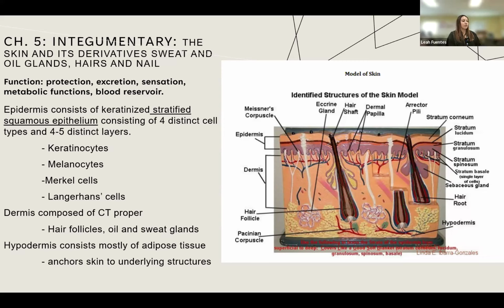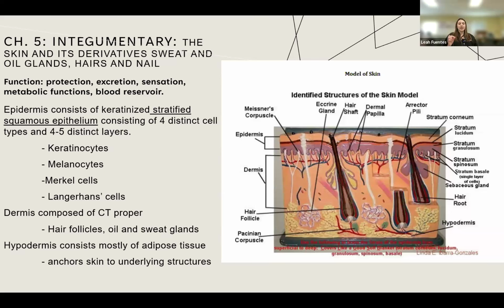A lot of what we're going to go over right now, we're just going to talk about the whys, not really the wheres, because this whole structure is more lab-based. So we're going to start off talking about the epidermis, which is this part up here.